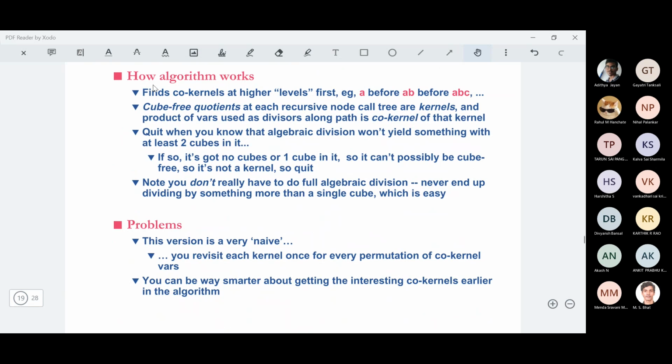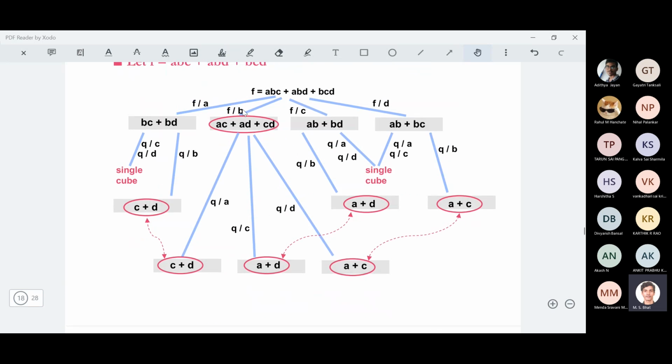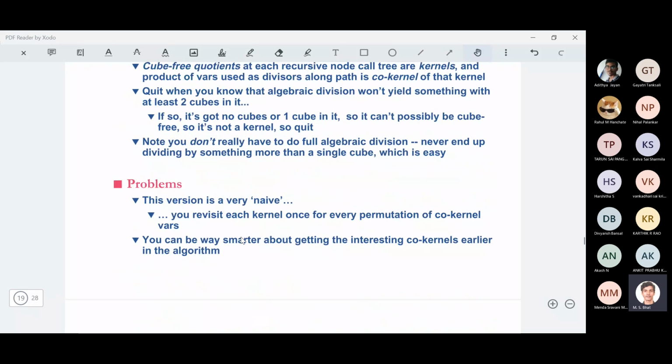Okay. So this is how you divide first by A and then by others, or first by B and then by C, and so on. So you are going one at a time. The problem in such a division is that it is a very naive way of finding kernels. You revisit each kernel once for every permutation of co-kernel variables.